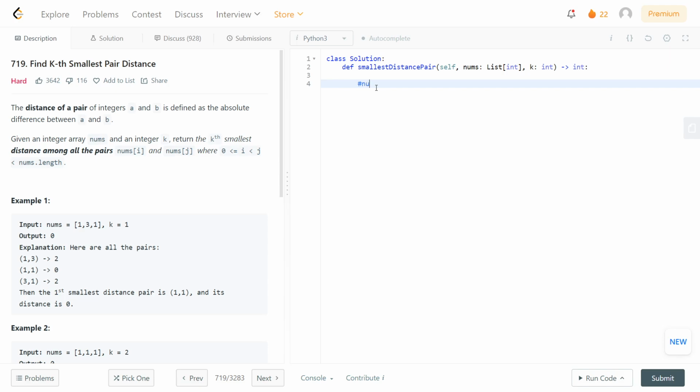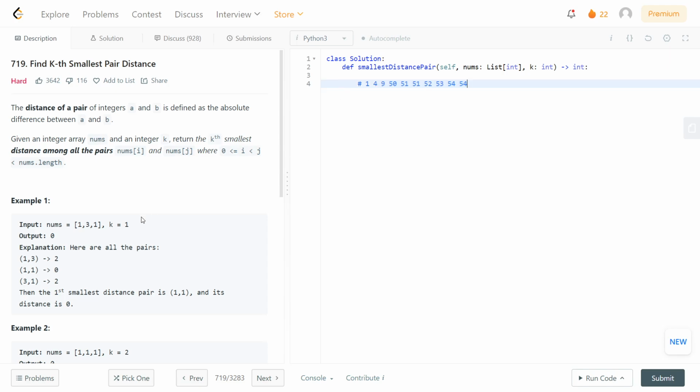So first we would sort the numbers. Let's say after the sorting we have something like this: 1, 4, 9, 50, 51, 51, 52, 53, 54, 54. So this is our array.